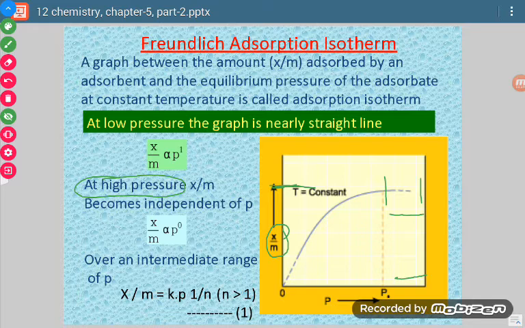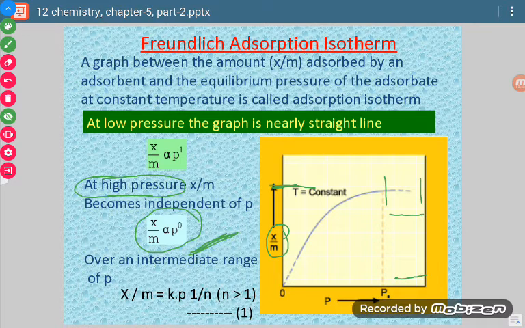So at high pressure we can say x by m is equal to constant. We can write it as p raised to power 0, and p raised to power 0 means 1. So x by m is proportional to the 0 power of p.